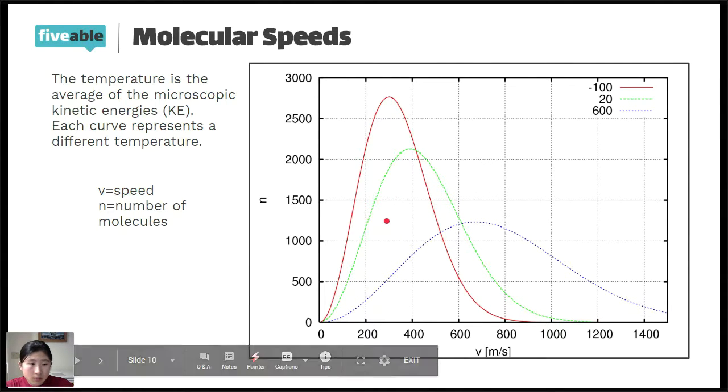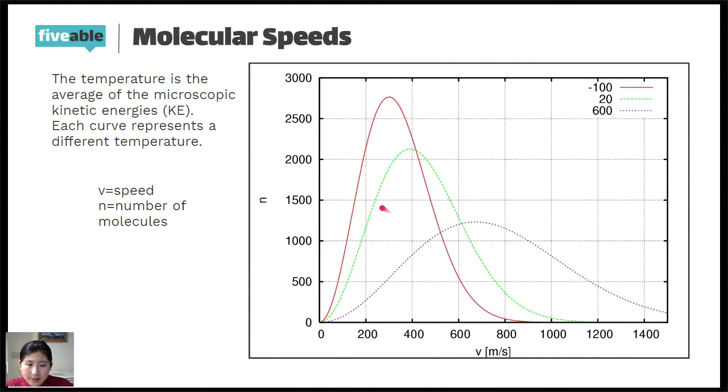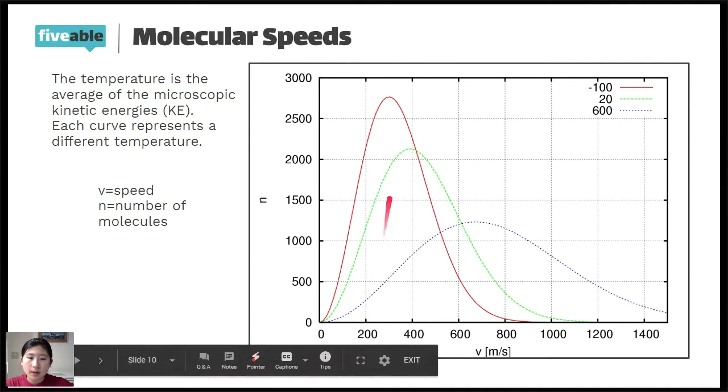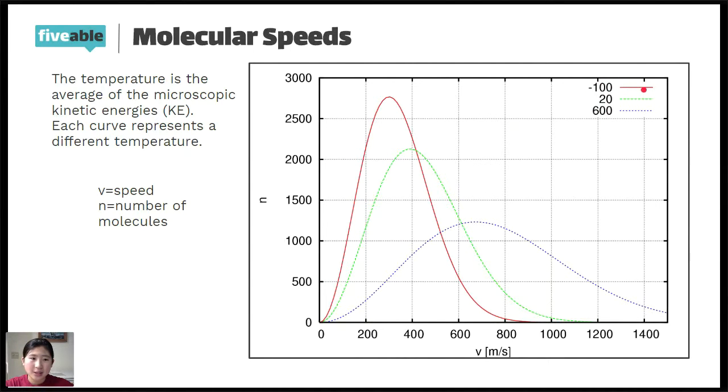So, hold on, I think this curve is a little bit different, because I don't know why. Oh, right, sorry. So what I said was just correct. I was confused by this because it looked like the red one indicated negative 100.